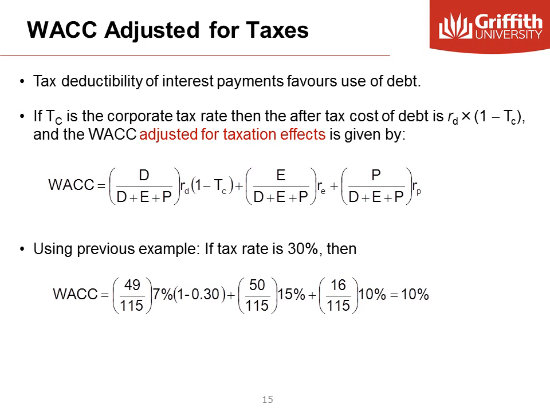Looking at our previous example and applying the tax rate of 30%, the after-tax cost of debt is 4.9%, and thus the adjusted WACC becomes 10%, a reduction of 0.9% from the previous slide. Accounting for taxes doesn't change the rules for selecting the discount rate, but it does make it cheaper.